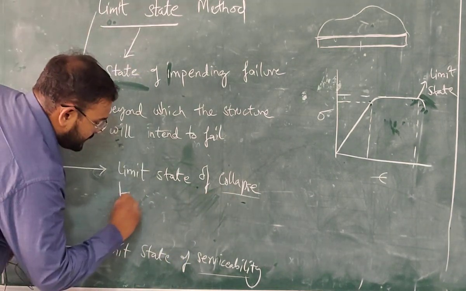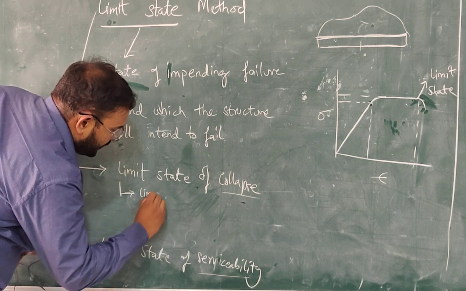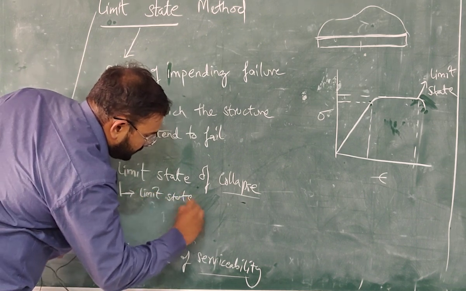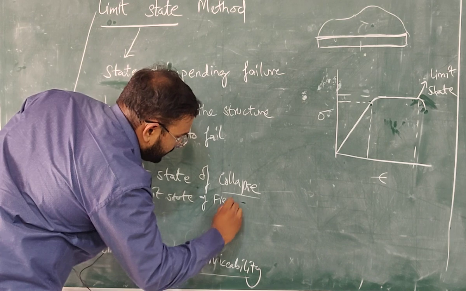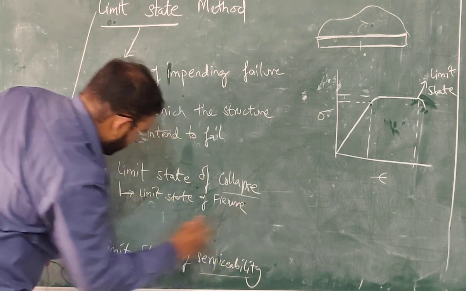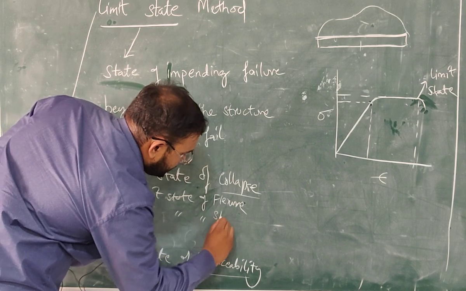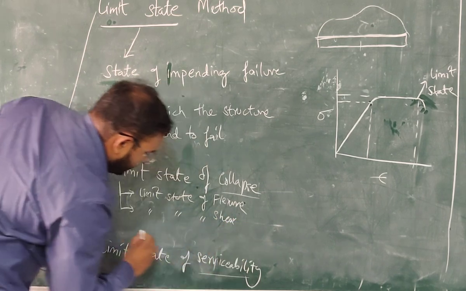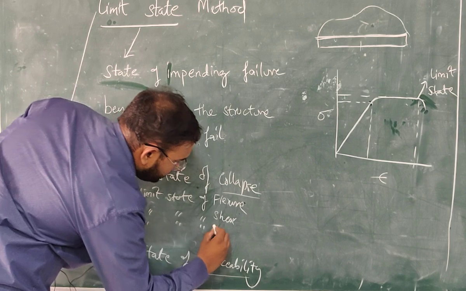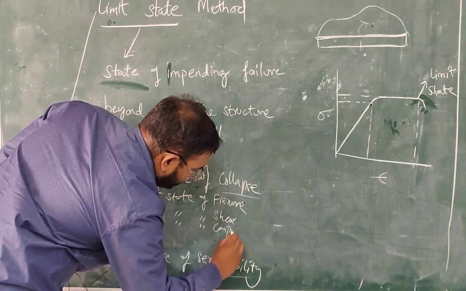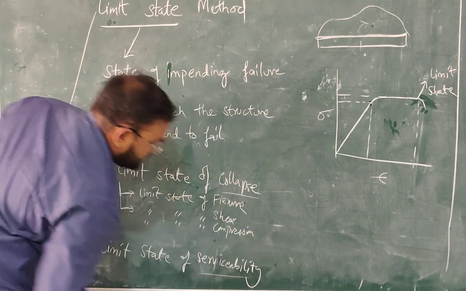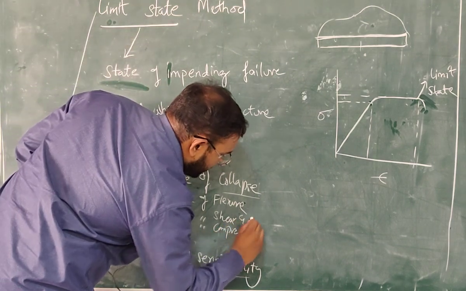Further, this collapse is classified into different types. One is limit state of flexure. Next is limit state of shear. Then limit state of compression, shear and torsion.